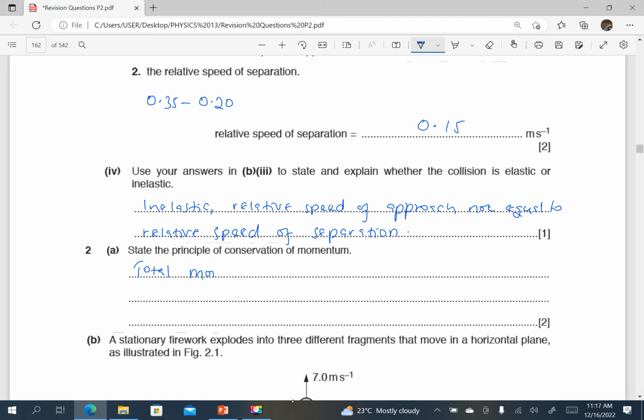Total momentum of an isolated system of interacting bodies is always constant.